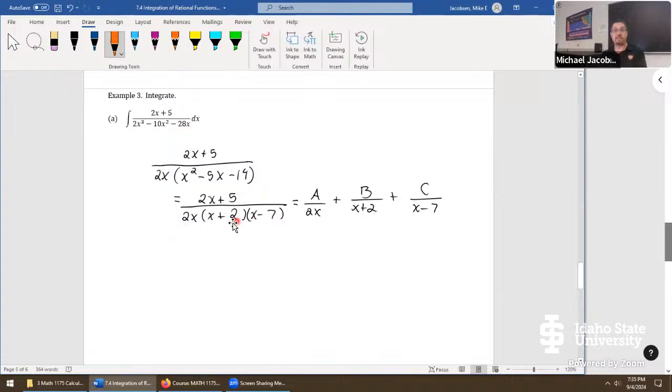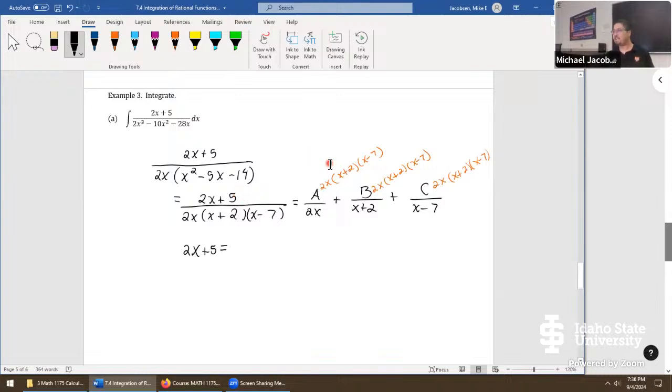We need to clear out this denominator to get started. So this whole denominator is going to be multiplied here: 2x, x plus 2, x minus 7, here, and here. Which means it's also multiplied on the left-hand side, but that's going to cause a full cancellation of the denominator on the left-hand side, just leaving 2x plus 5.